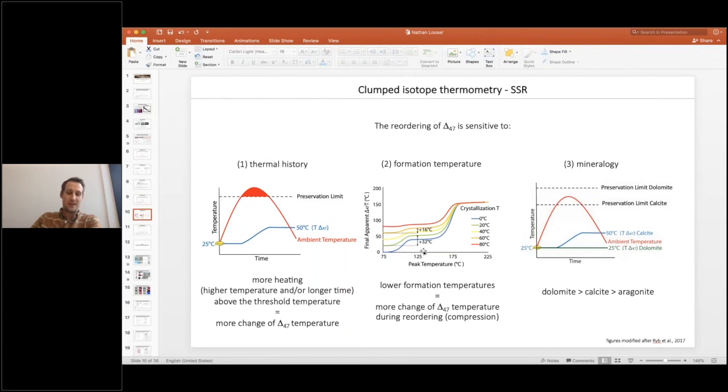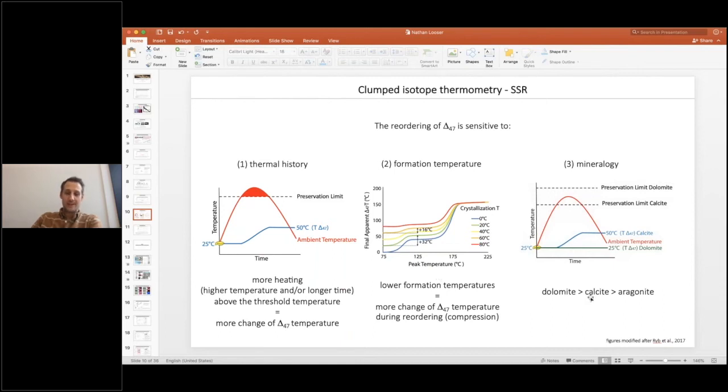For example, a phase that crystallized originally at 20 degrees will at 125 degrees experience a change of plus 32 degrees, and a phase that precipitated at 60 degrees will only change by 16 degrees. So it's a compression effect.